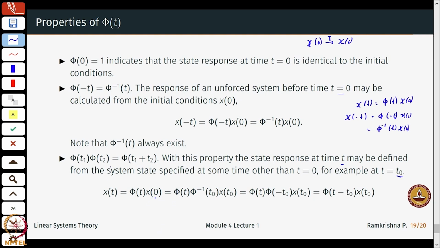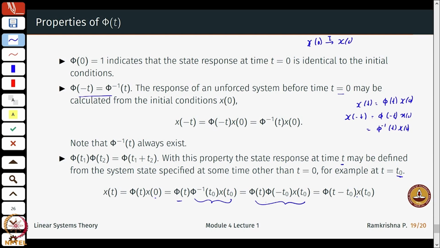So I use the properties I know earlier. Phi of t, I can write this way. Then I can use the second property to rewrite it, and then the third property will plug in here as phi of t minus t naught times x of t naught.